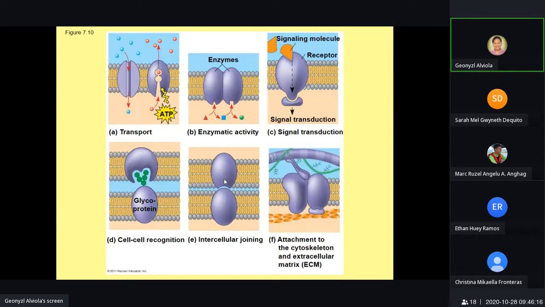Intercellular joining: one good example is desmosomes. And attachment to the cytoskeleton and extracellular matrix. So those are the 6 functions of proteins.